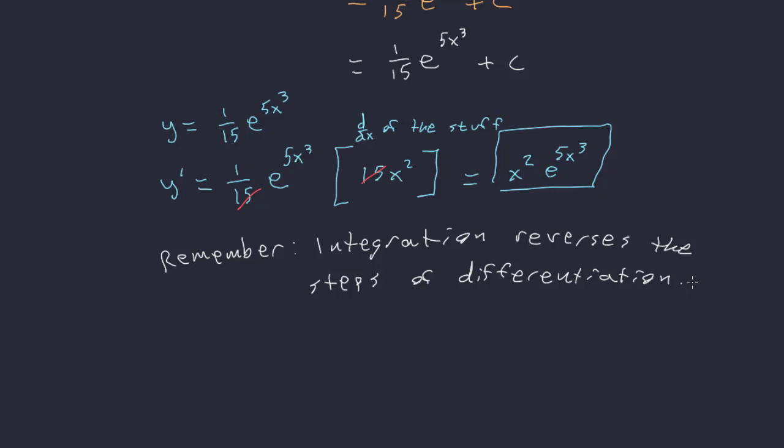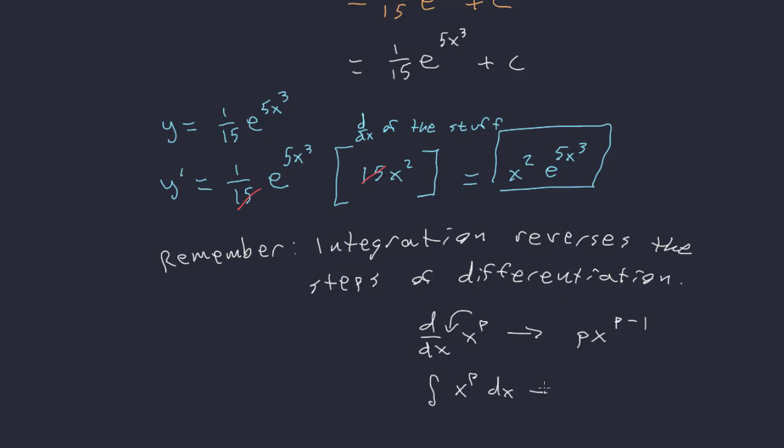So if you think of the power rule, you multiply by the exponent out front, then you subtract. So let me just write this out. If you have x to a power, you move the power down, and then you subtract by 1. Right? There's the power rule. But with the integral rule, you do the opposite.